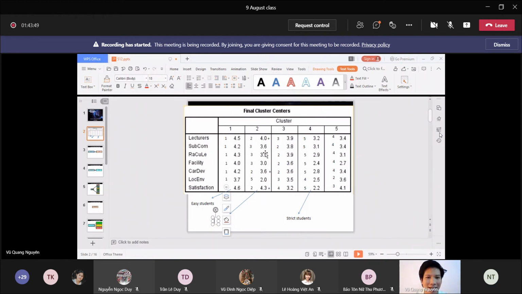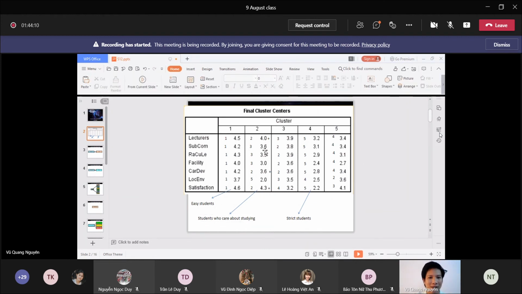Okay, I would say that cluster 2 is the students who care about studying. Why do I think that they care about studying? Because they care about lecturers, because they care about career development, and maybe subject complexity, and maybe rationality of curriculum's length. What they don't care about is the location environment.